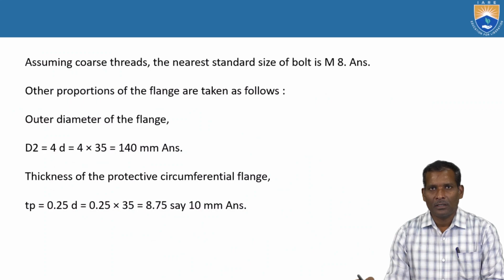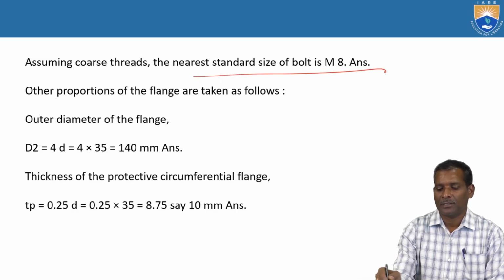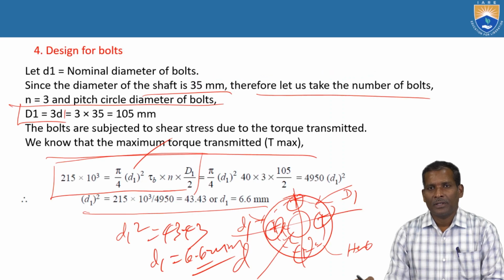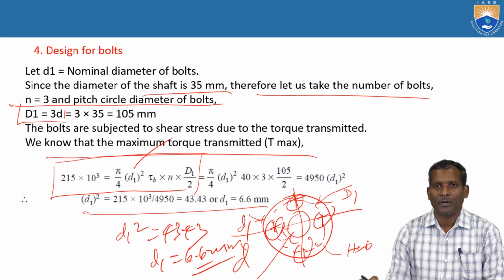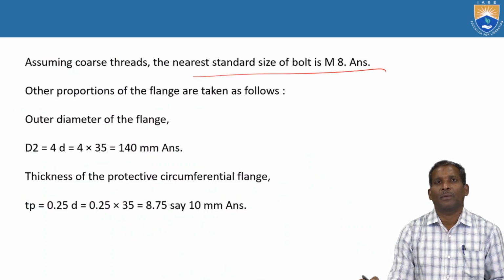So like this, you have to calculate the diameter of the bolt. After that, by using the design data book in tabular form, assume a coarse thread; the nearest standard size is M8. For this nominal diameter of 6.6, the standard size of the bolt is the M8 bolt.